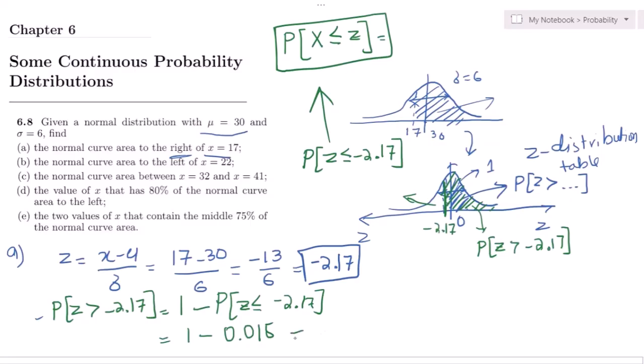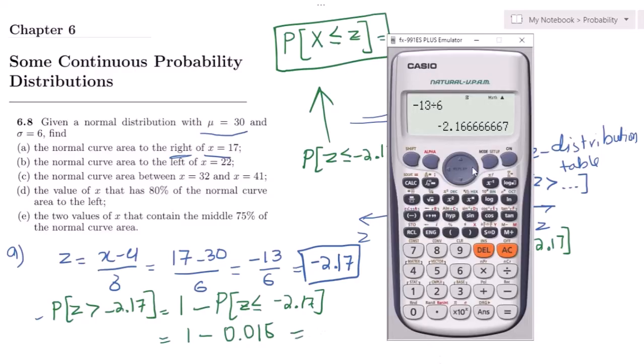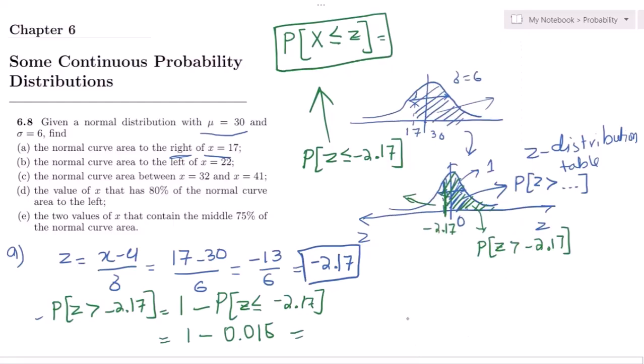Let me subtract it from 1: 1 minus 0.015 is 0.985, and that is basically the solution of part A of my question.